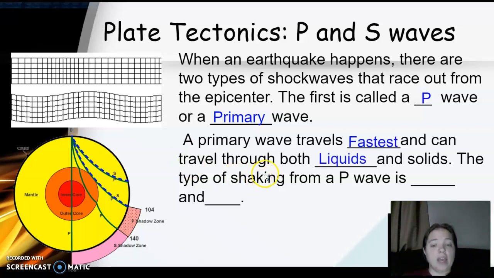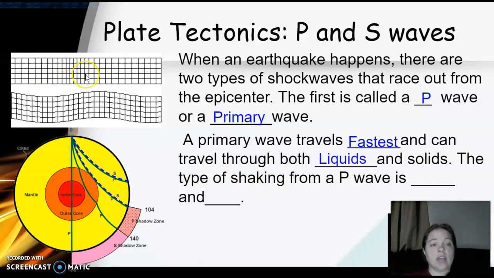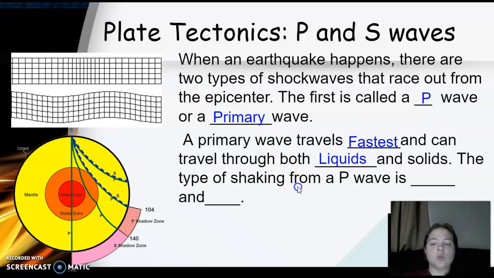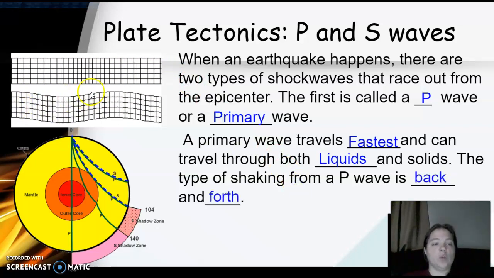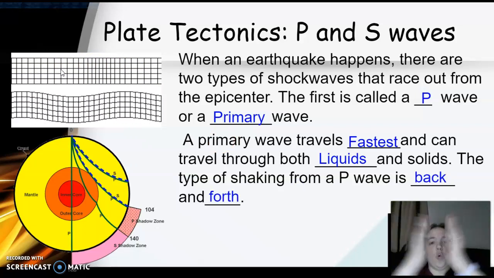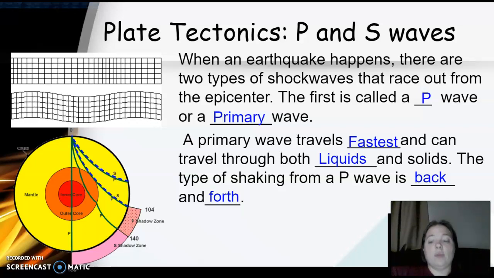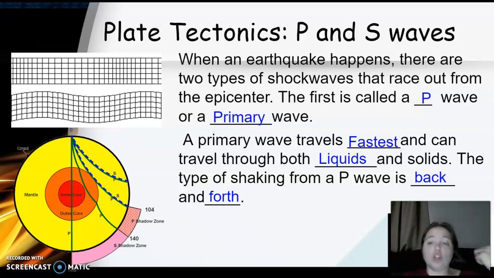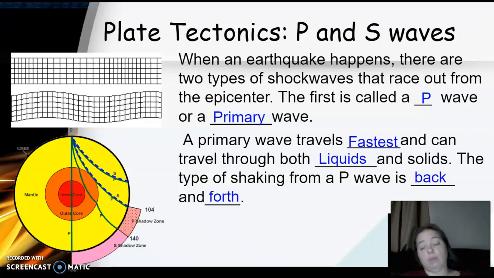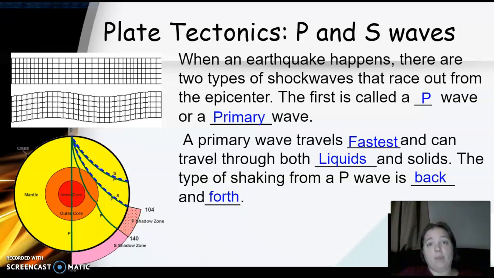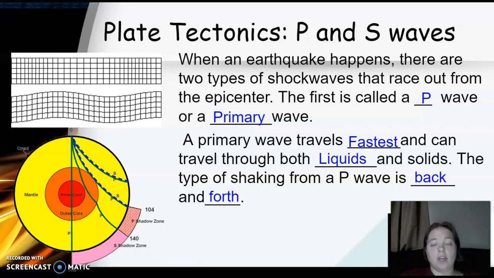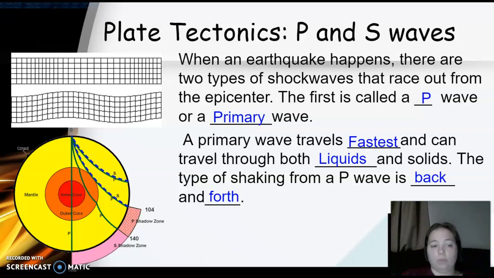This type of shaking from the P, this is the top one. It's kind of like a compression. So it's like a back and forth. It's like an accordion pushing like this. Push and pull, push and pull. You could even push, put down, push, and pull, which is actually better for primary and P waves. That way you get in the habit of thinking if it's a P wave, it's primary, push, pull.